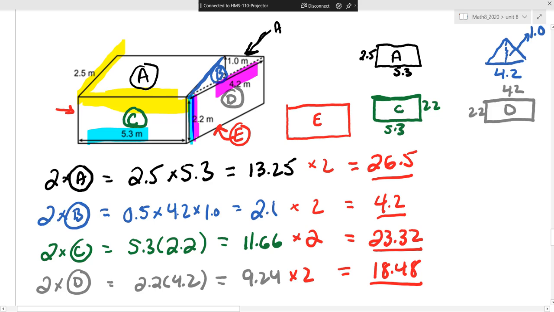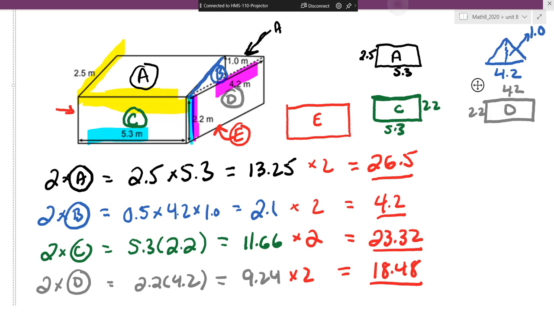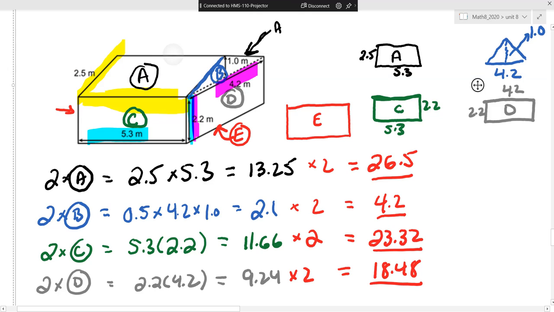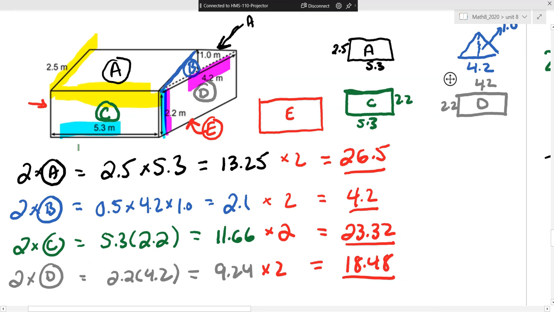Okay. So for surface area of a rectangle, we need the length and the width. What's the length? What's the width? 5.3 and 4.2. Yeah, 5.3 and 4.2. So 5.3 is this direction here. It's easy to see, the 5.3 there. Then we want this direction going this way. Well, there's no number here, so we look for a matching side that has a number.